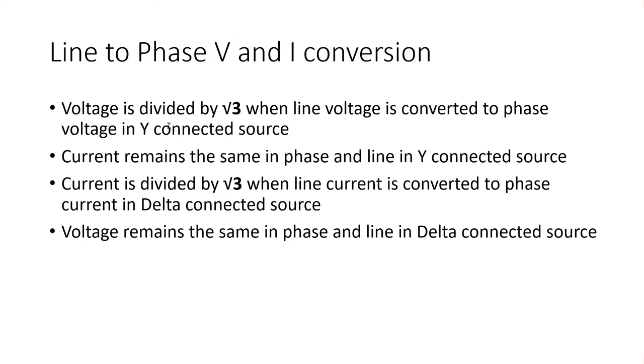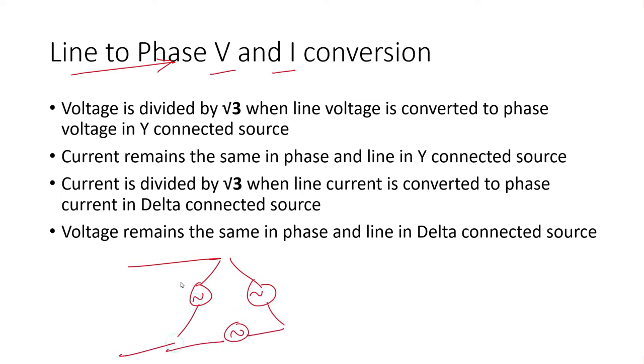Now coming to the other section, when we are converting a line voltage or current to a phase voltage or current: line to phase voltage and current conversion. Same thing: if we have, let's say, a three-phase source, and this is our IL, this IL is actually a combination of this IP and this IP.